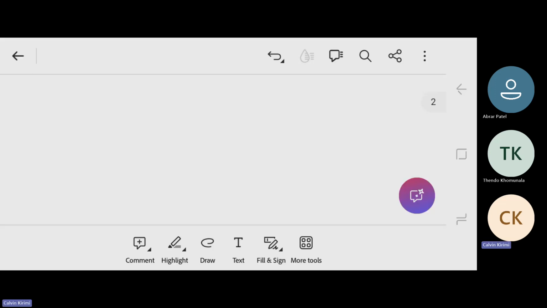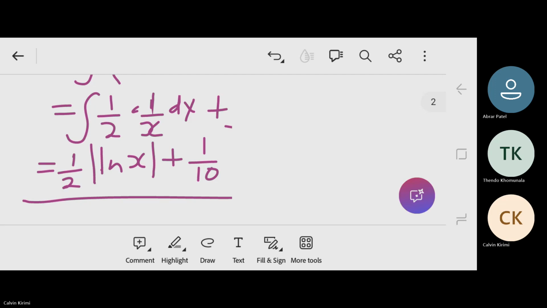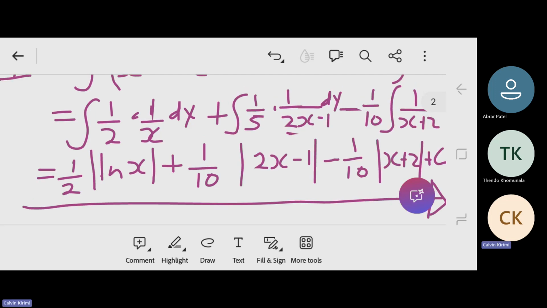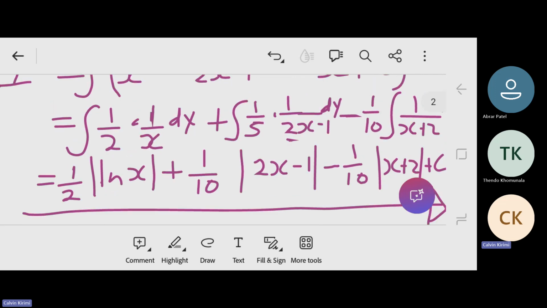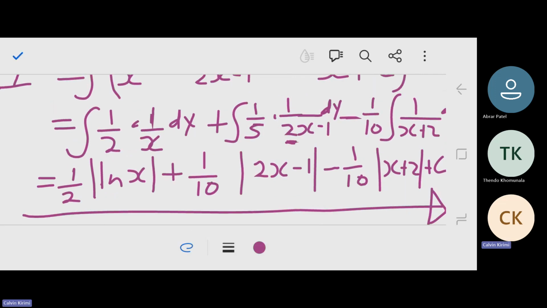So this was the answer for the previous. I was equal to that. And then don't forget always to add plus C. And here the trick was here. When you use chain rule, you're going to say ln of this multiplied by the derivative of what is inside. So that is going to be ln of absolute value.